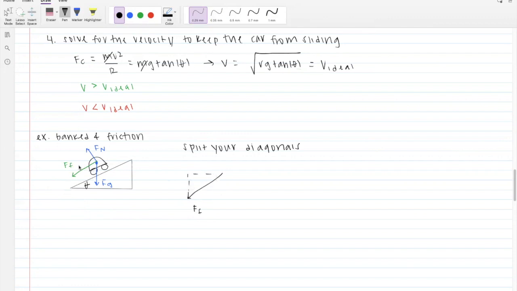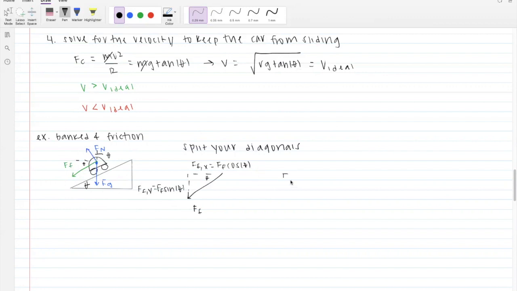And again, how we define our theta is very important. For this scenario, our theta, for it to equal that of the bank curve, needs to be defined here and here. So your force of friction in the y direction is equal to force of friction sine theta, and in the x direction, cosine theta.